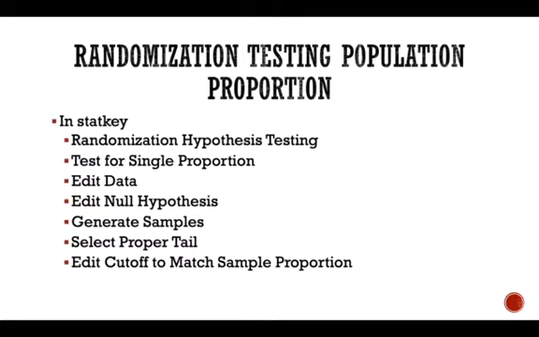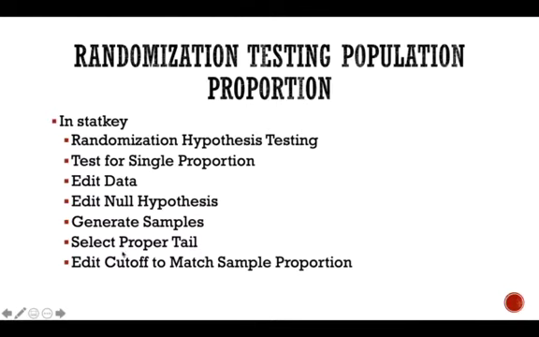We're going to insert our data and insert the null hypothesis. And then we're going to generate our samples based on the original sample data that was given. The same way that we generated samples with our bootstrap confidence intervals. Again, I'm going to recommend using that Monte Carlo, the 10,000 bootstrap samples. The more samples that we generate, the more accurate we'll be.